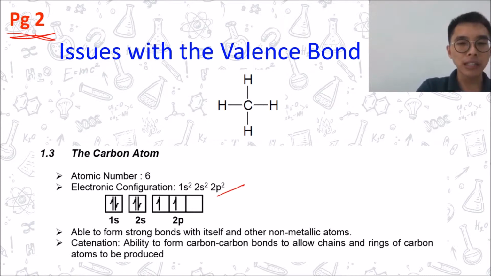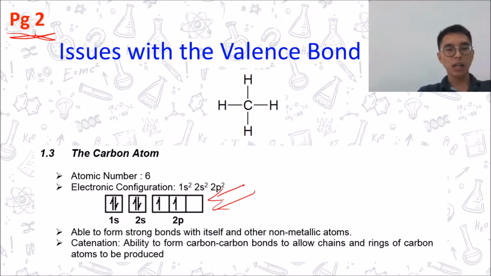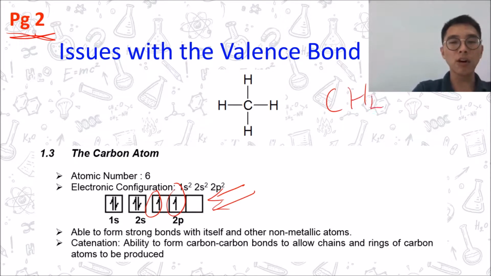So if you look at this electronic configuration, how many unpaired electrons are there? A carbon only has 2 unpaired electrons. What does this mean? Potentially, it can only form 2 bonds. So how is it able to form CH4, when that requires 4 bonds?